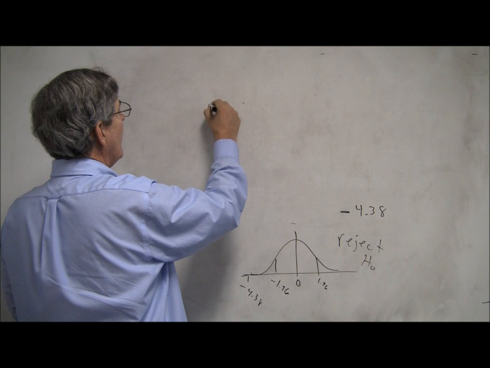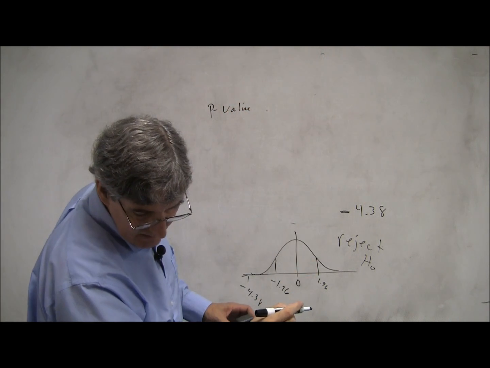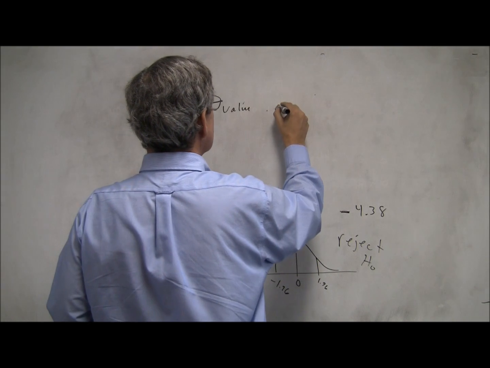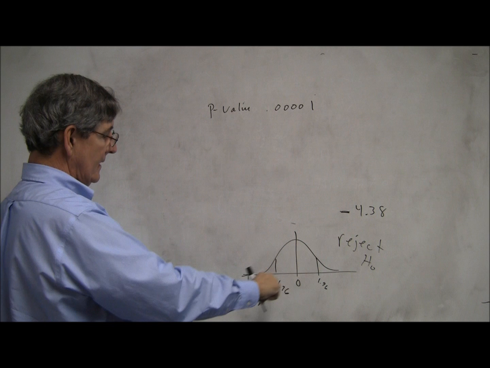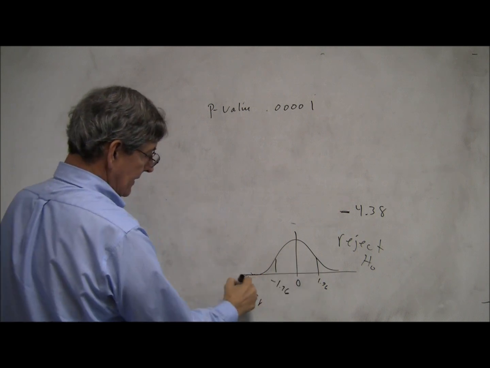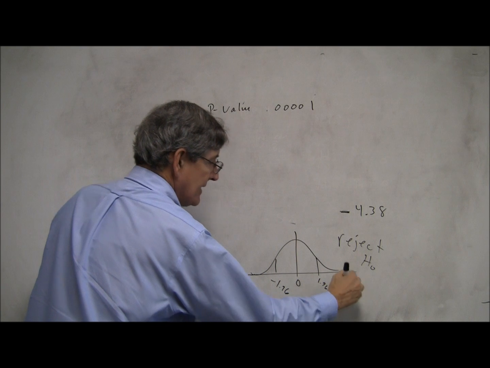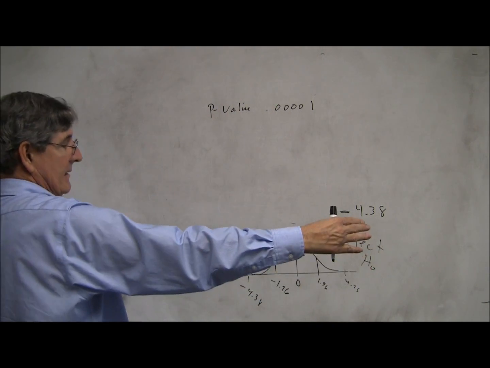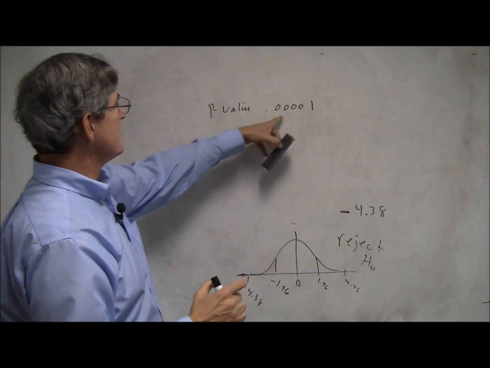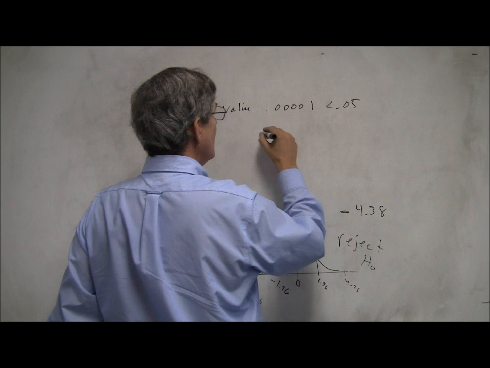But the p-value would be approximately 0.00001 for 4.38. That's the area in both tails outside of that region, to the right and to the left of it, and it is only that amount. Since that's less than 0.05, we would reject.